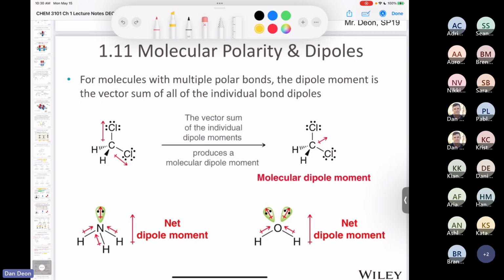Now, something that you've got to be able to do in this class is add vectors together. So let's say we take a molecule like this. This is called dichloromethane. If you look at the two polar bonds, you see these two arrows. If you add up this arrow and this arrow, what you end up with is a net dipole in this direction.